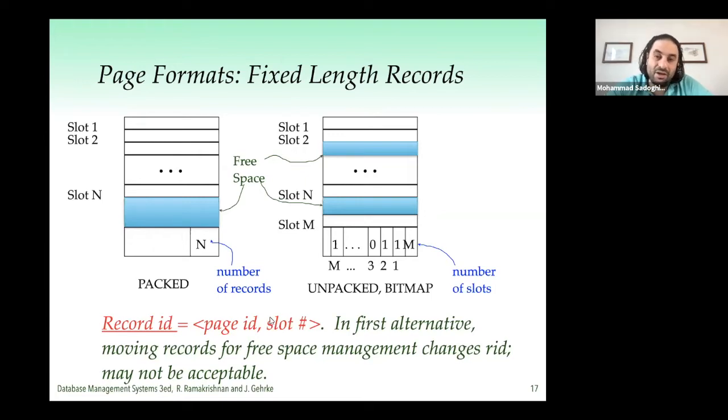And again, if something is deleted, then I could mark that slot available, and I don't really need to reshuffle things. I could potentially just assign that slot to a new record without the need of reshuffling.